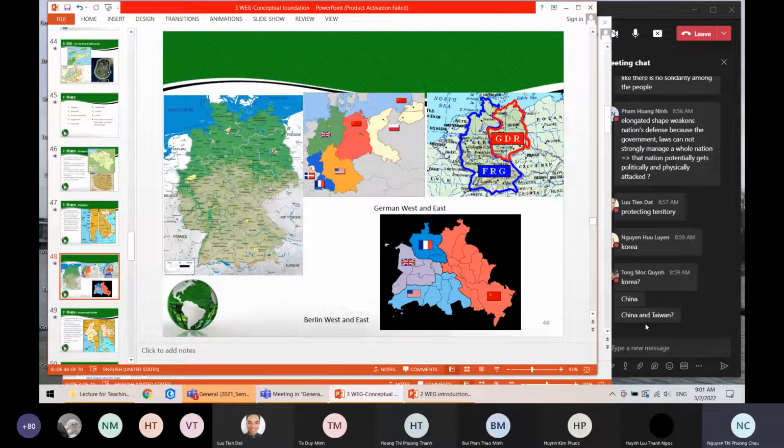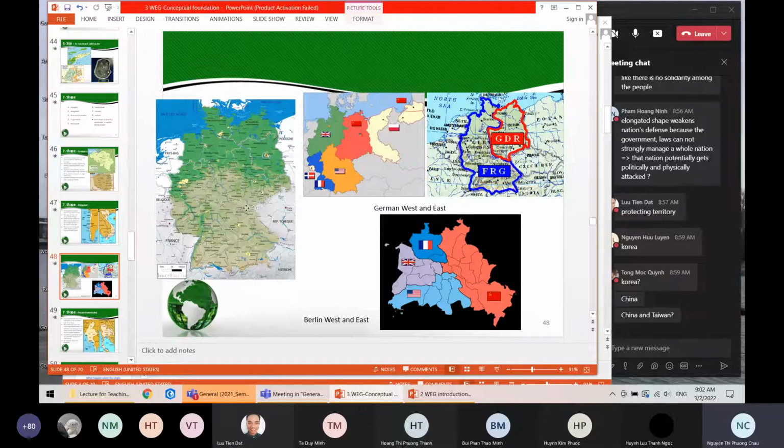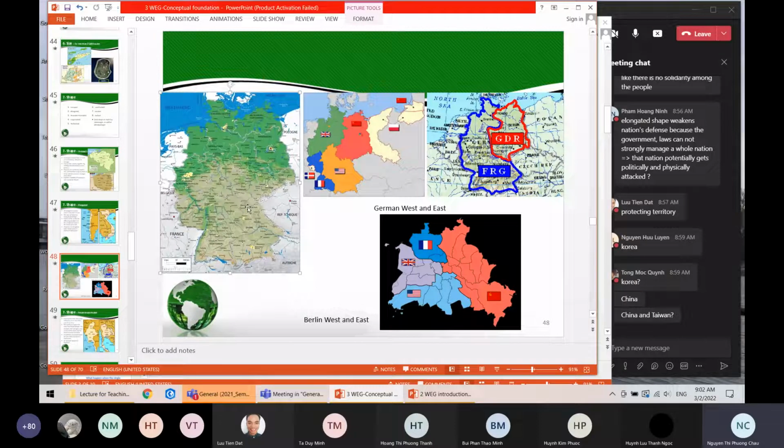And Germany, you see, is the same as Vietnam, but Vietnam was divided into two parts. Germany was divided into 4 parts in World War II, and 4 governments controlled the nation, each part one government. But now, lucky for Germany, it has united into one. The shape of this nation has a part that is narrow.